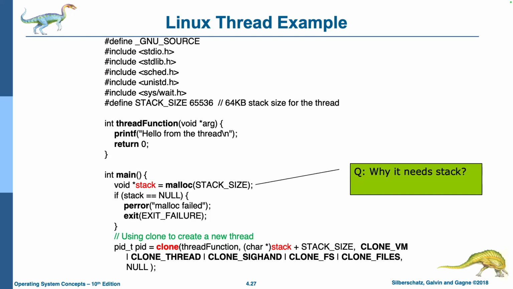Then you can create a task. This task is a thread. It's very complicated, with lots of details hidden. So the question here is: why must we create a stack here?